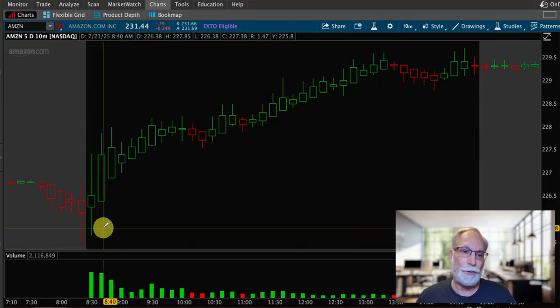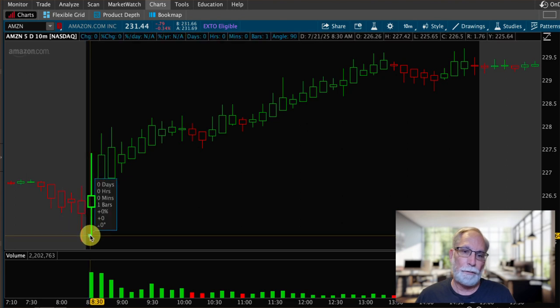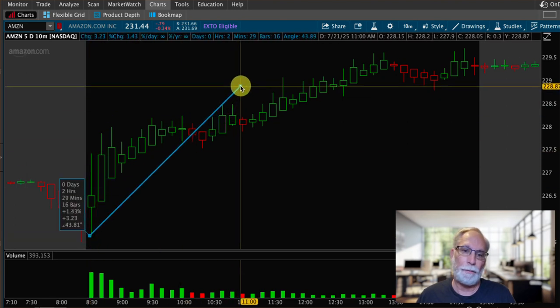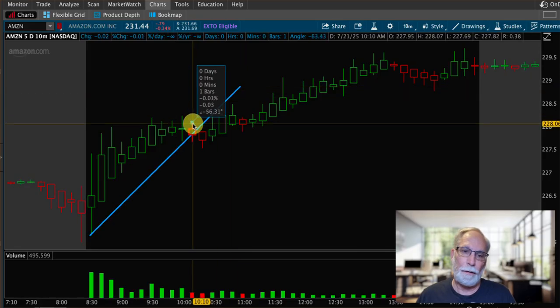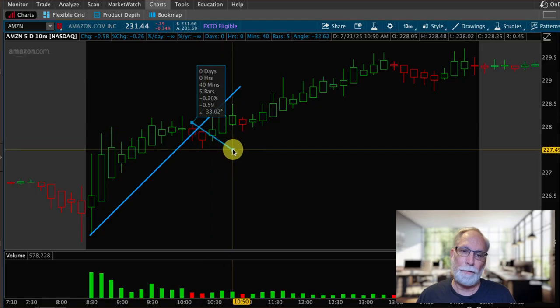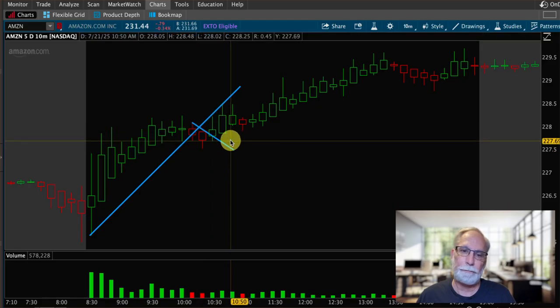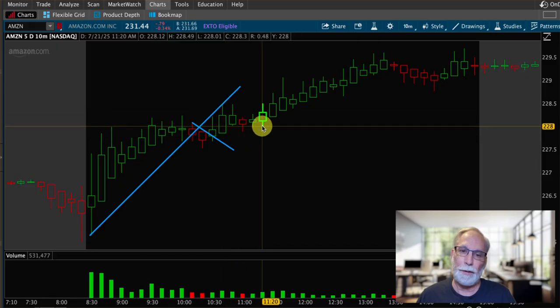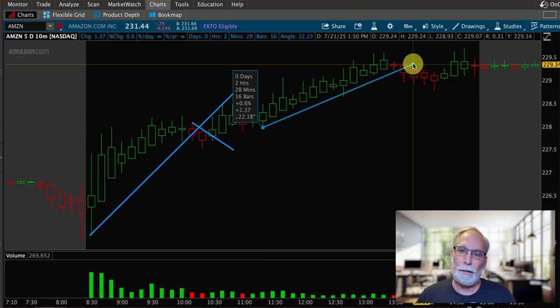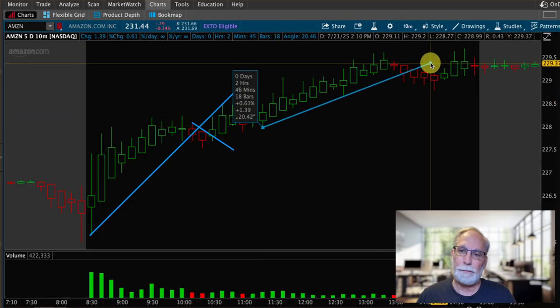And so I'm going to show you very quickly drawing a trend line up through the green candles, then a small trend line down through the red candle, and this is sort of consolidating here, but then another trend line up here.